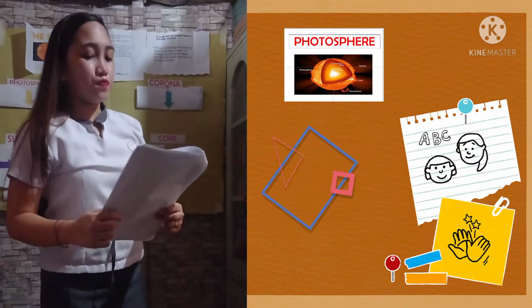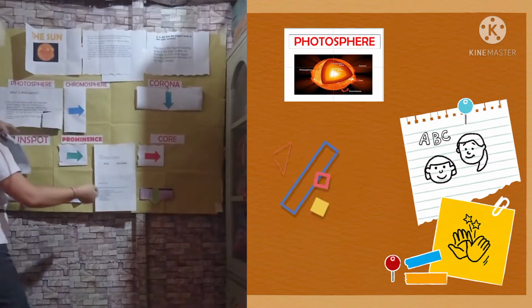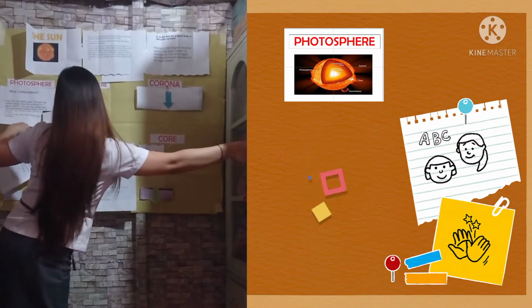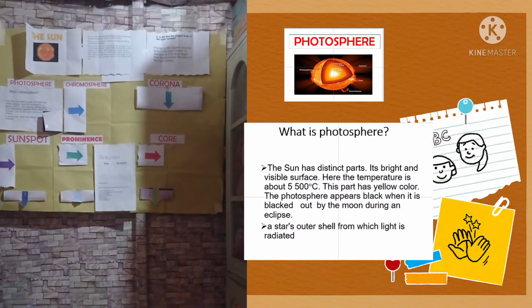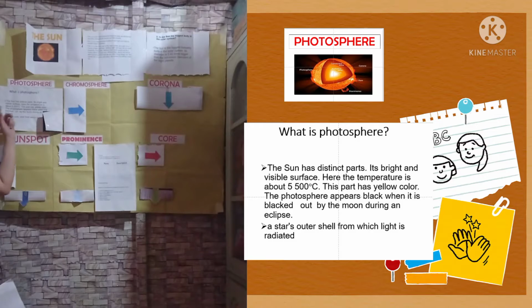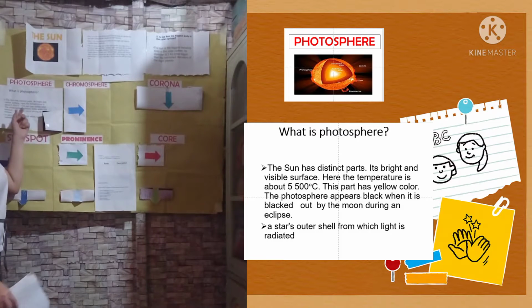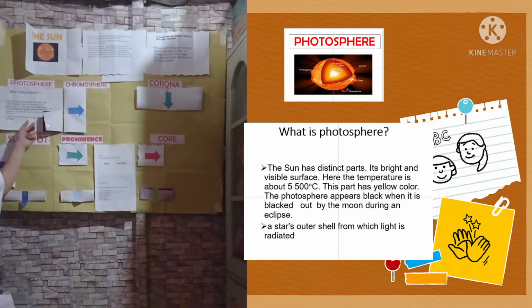How about photosphere? The photosphere is the sun's bright and visible surface, where the temperature is about 5,500 degrees Celsius.